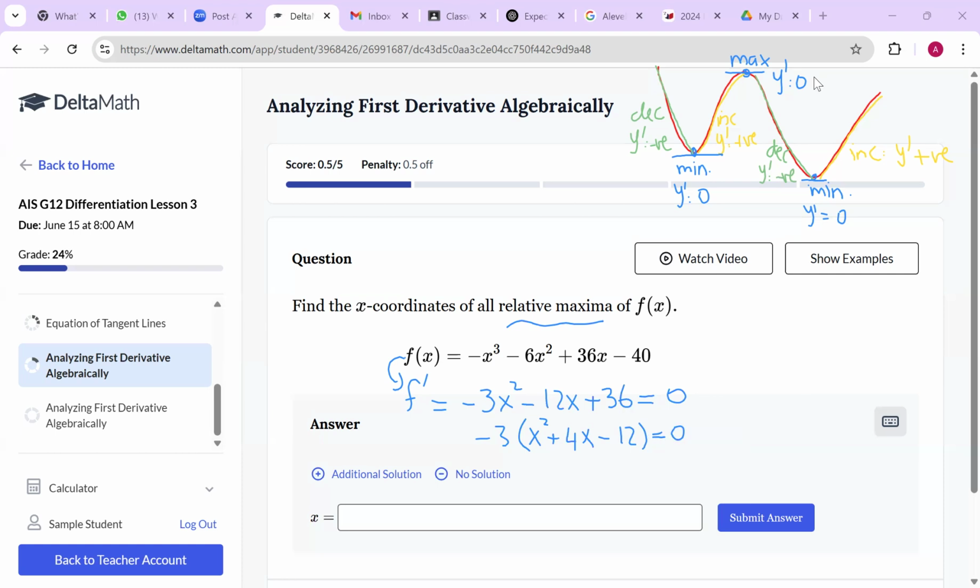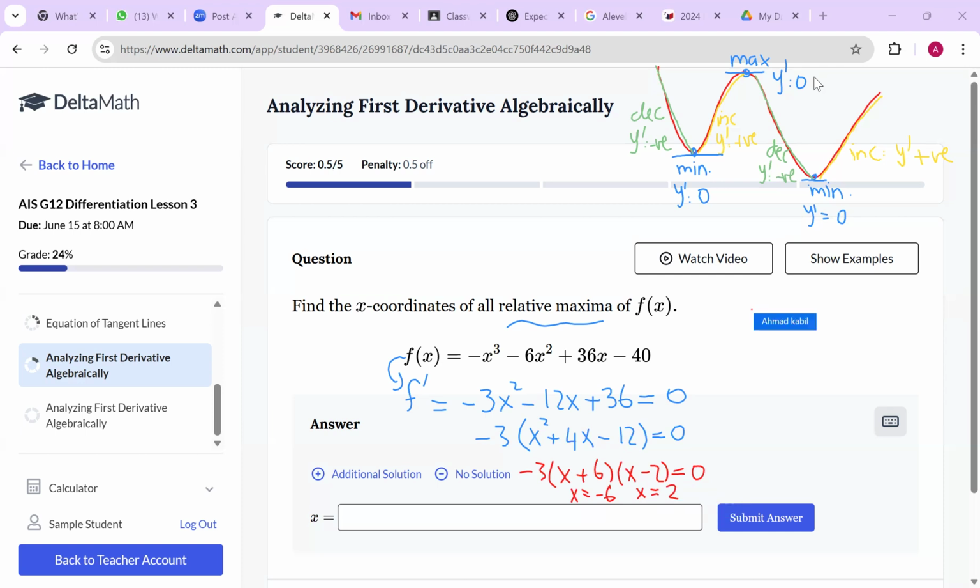And then we factorize this. So negative 3 times x plus 6 times x minus 2 equals 0. Now, this format here gives us the two critical points or values of x where y dash will equal 0. So x is negative 6 and x is 2.